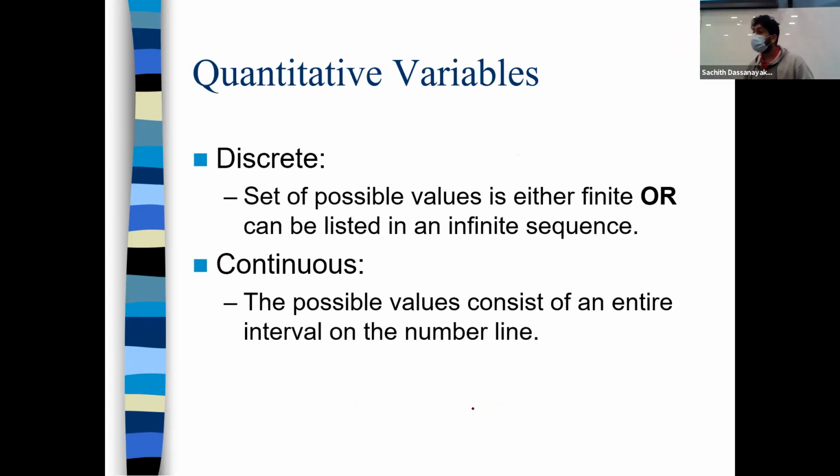Then quantitative data, which means numerical data, we can divide into two pieces. Actually, I have already uploaded these notes to Blackboard. Inside the course materials, you can find these PDF files. Quantitative variables we can divide into two subgroups: discrete and continuous.